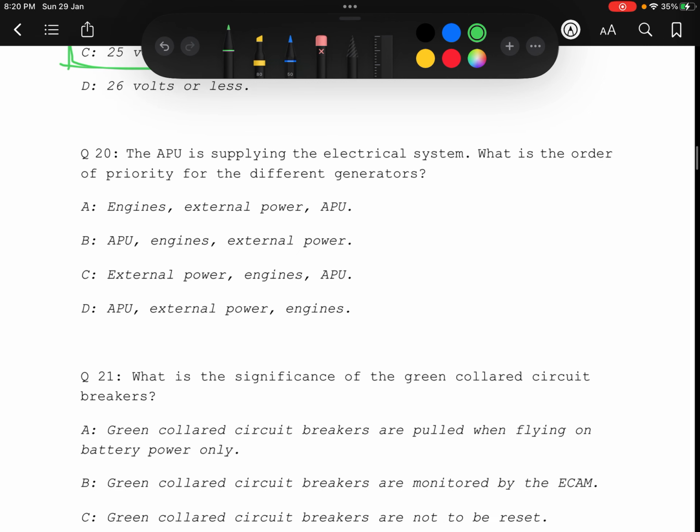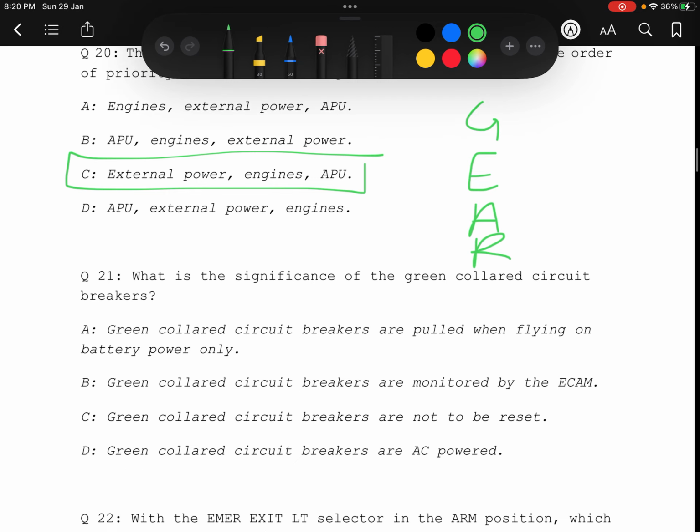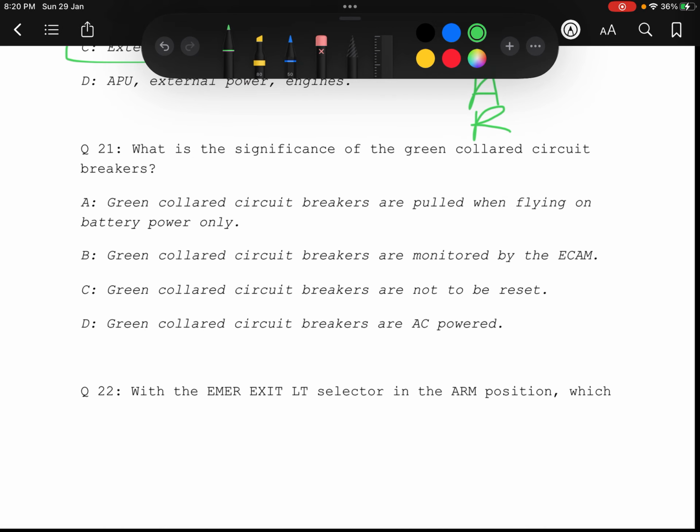The APU is supplying the electrical system. What is the order of priority for the different generators? You know the answer already. Right? Nice. What is the significance of the green colored circuit breakers?